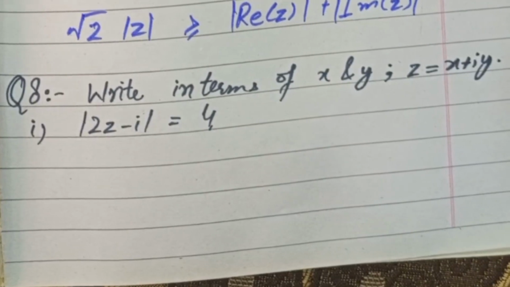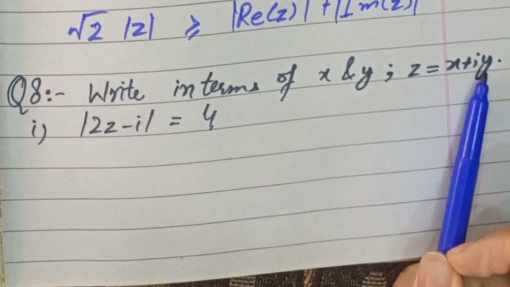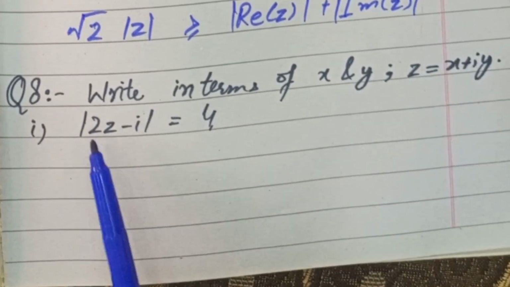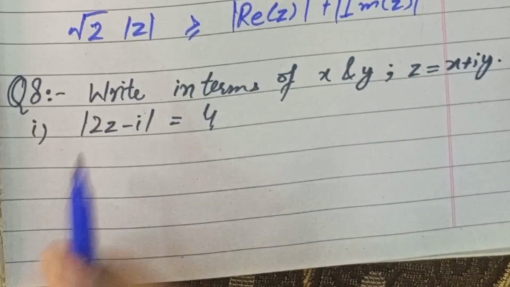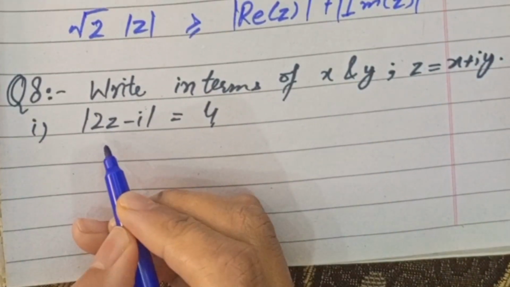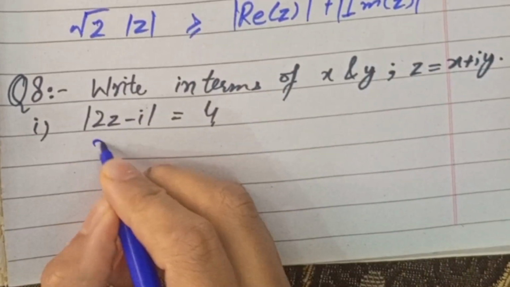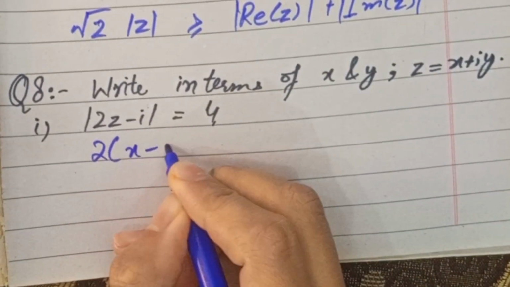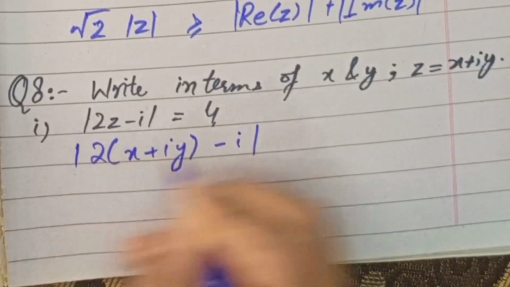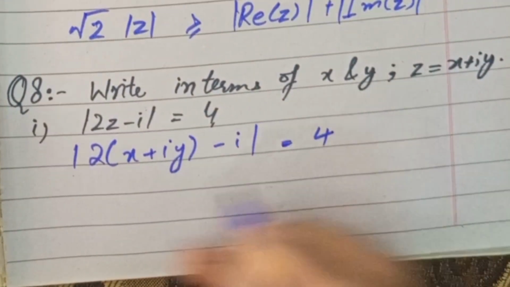Question number 8 is: write in terms of x and y, z equals x + ιy. So wherever we see z, we will put the value of z. The first part is |2z − ι| = 4. Instead of z, we will put x + ιy − ι, which equals 4.